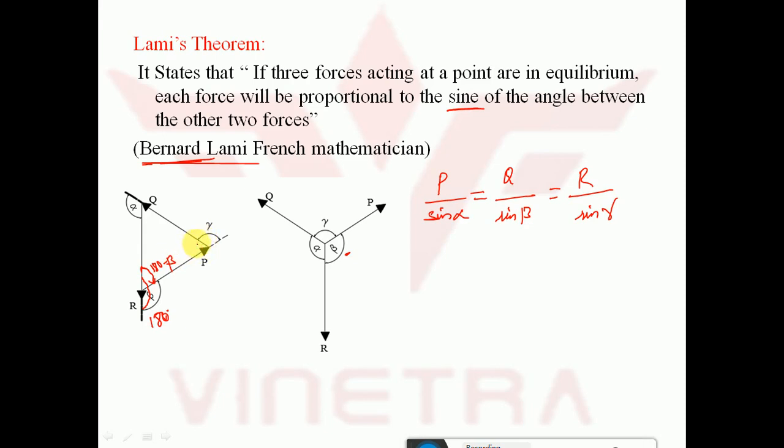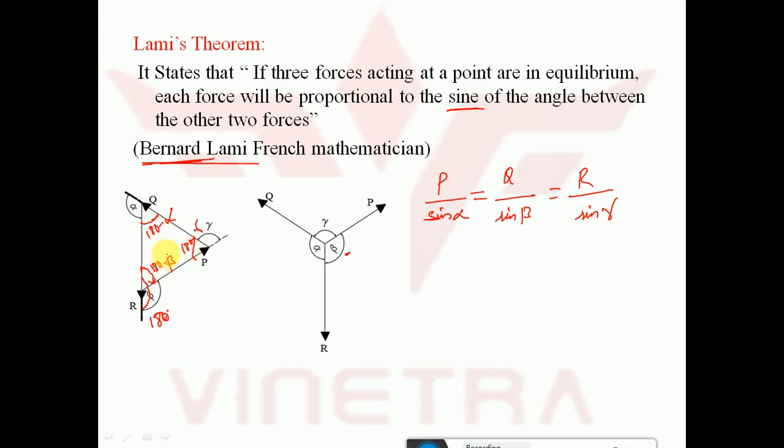Similarly, this is a straight line of 180 degrees, and from here to here it is already gamma, so what is left is 180 minus gamma. Again, this is a straight line making 180 degrees, and already alpha is there, so what is left is 180 minus alpha. So the interior angles are 180 minus gamma, 180 minus alpha and 180 minus beta.